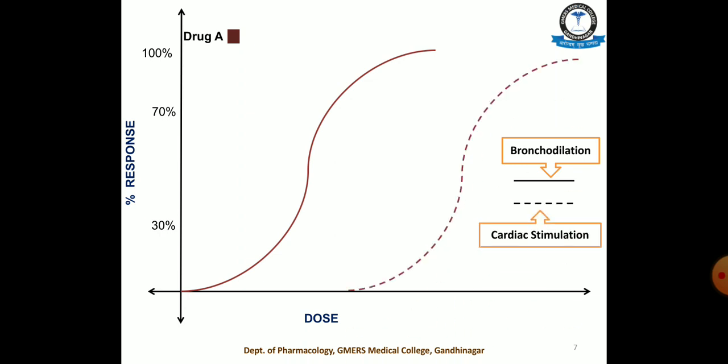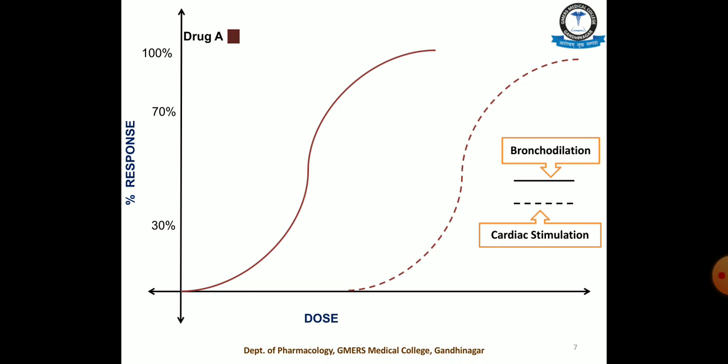Now this is the same dose response curve of drug A, but it is for the cardiac stimulation. Okay, so now obviously if the patient is having asthma and if a drug is producing the cardiac stimulation, increases the work of the heart, obviously we don't desire it. So it is an adverse effect.